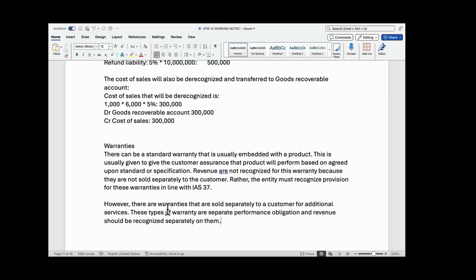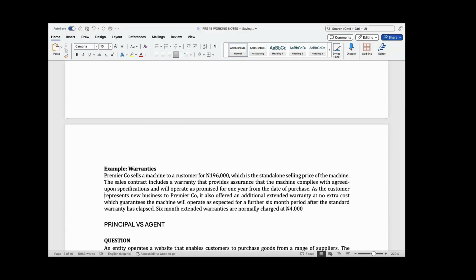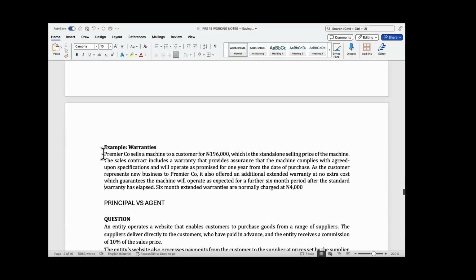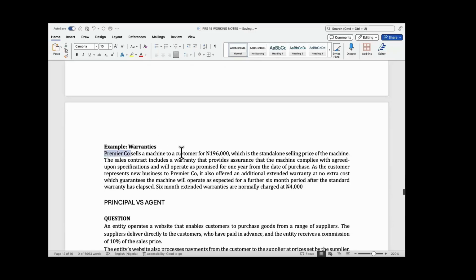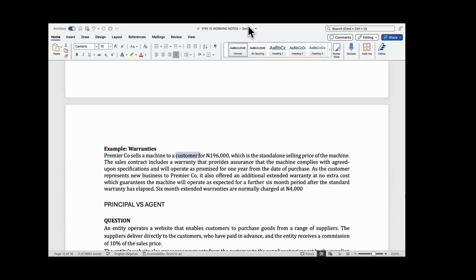And an example: they said Premier Co sells a machine to a customer for 196,000, which is the standalone selling price of the machine. The sales contract includes a warranty that provides assurance that the machine complies with agreed upon specifications and will operate as promised for 1 year from the date of purchase.